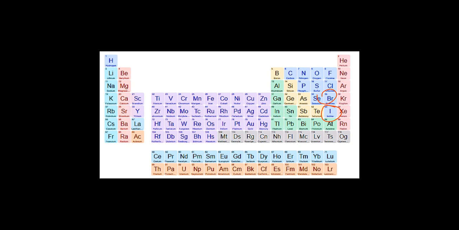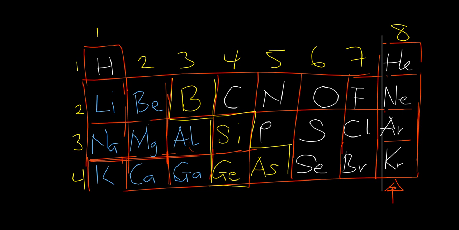Let's go back to the simplified periodic table. You can have lithium, beryllium, sodium, silicon, boron. All of these elements are solids. Please, you need to at least be able to know some examples of solids, liquids and gases. You need to know them.